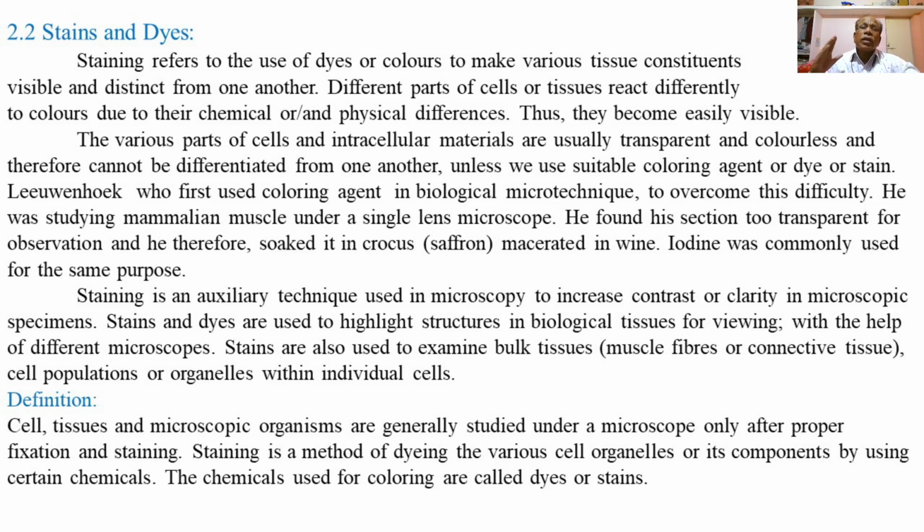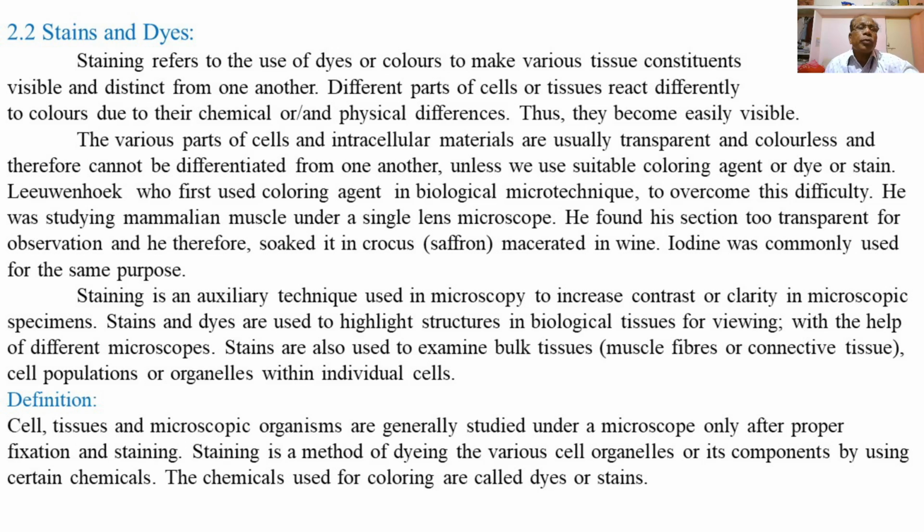The stains, having variable chemical and physical properties, react with the biological materials or tissue components, and ultimately, due to the staining of the different cellular or tissue components, they become easily visible under the microscope.